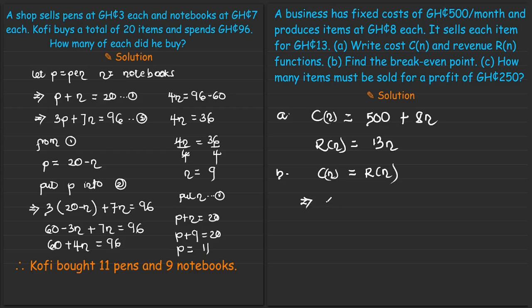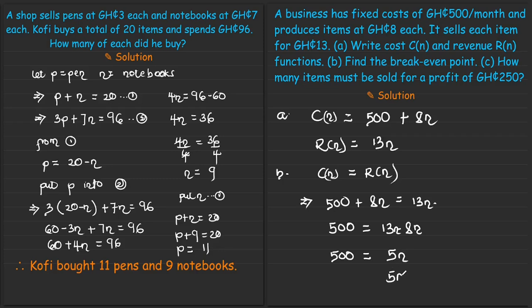It simply implies that we have 500 plus 8n being equal to 13n. So we make our n the subject. We have 500 being equal to 13 minus 8n. You see, so 500 equals 13 minus 8 gives us 5n.